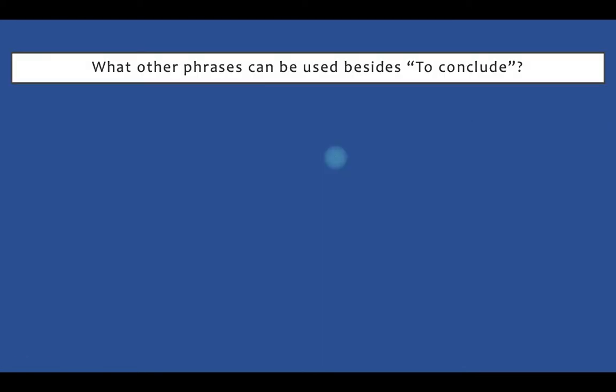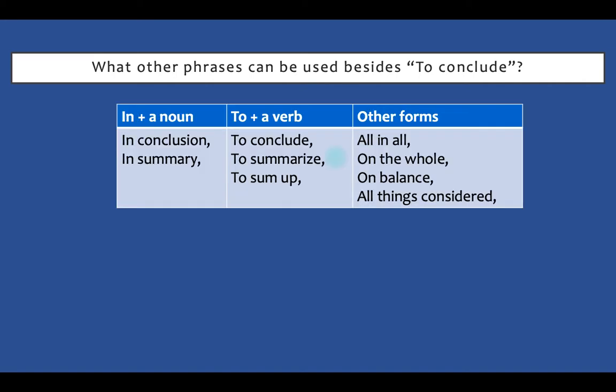Okay, so what other phrases can we use besides to conclude for our conclusion phrase? We can use a couple here that start with in, and these are always nouns: in conclusion, in summary. These ones are to plus a verb: to conclude, to summarize, or to sum up.